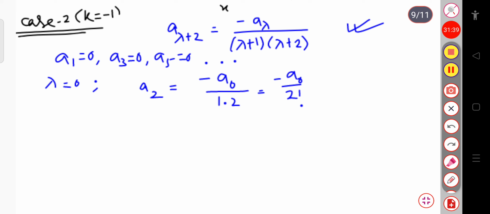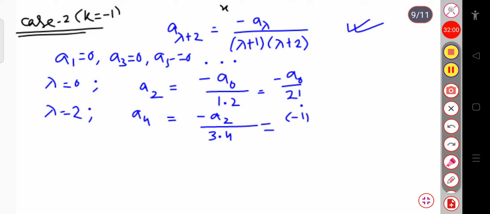Again, when lambda equal to 2, then a4 will be equal to minus a2 divided by 2 plus 1 is 3 into 2 plus 2 is 4, and if you put the value of a2 here, this will be minus 1 square a naught divided by 4 into 3 into 2 factorial, that is 4 factorial. Okay, and so on. We are not calculating any further.